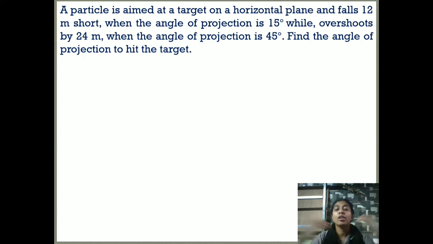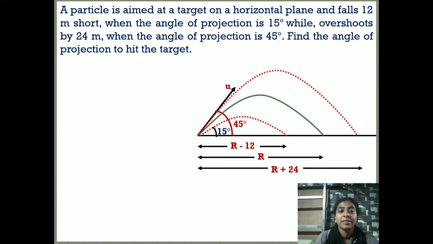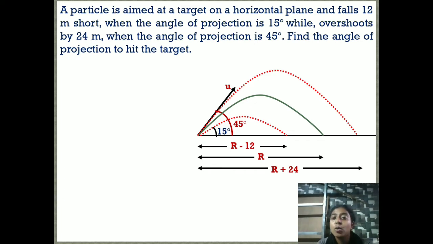Find the angle of projection to hit the target. So listen. The particle is aimed at a target on a horizontal plane. So the plane is horizontal and it falls 12 meters short when the angle of projection is 15 degrees.